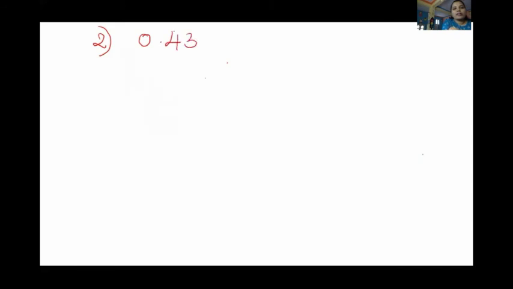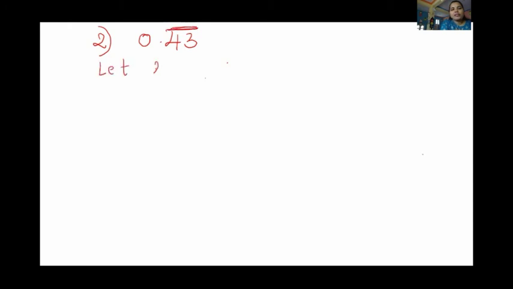Let us take one more example where two decimals are recurring. We'll take 0.43 here. 43 is recurring, isn't it? Two decimals are continuously repeating, and that is called recurring. So what is the first step?